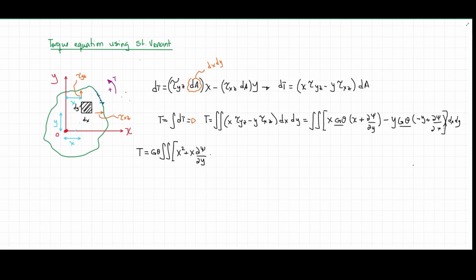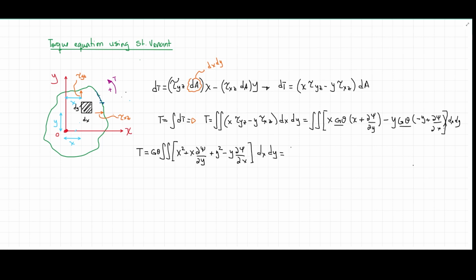Then the other one is going to be plus y squared minus y that multiplies the partial derivative of psi with respect to x, dx dy.